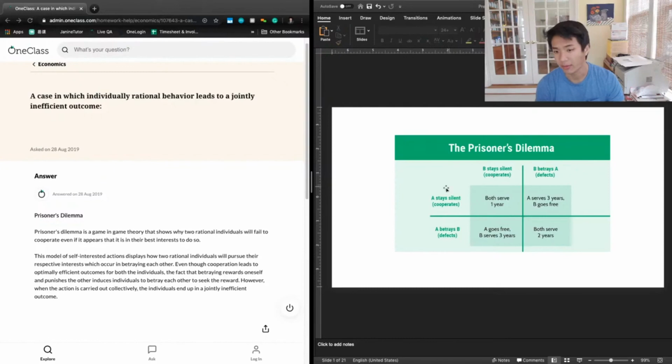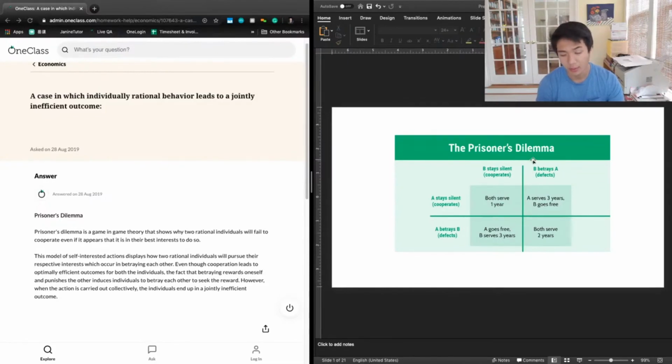On the other hand, if A cooperates and B betrays A, then A serves 3 years for cooperating, and B goes free because he defected on person A. You can flip it: if A betrays B and B stays silent and cooperates, then A goes free and B serves 3 years, which is more than the 1 year they would both serve if they cooperated.